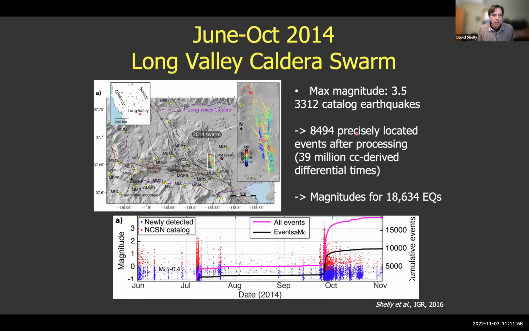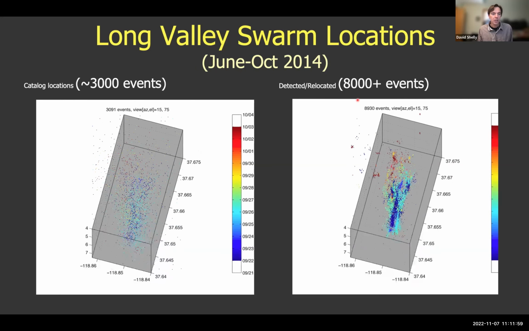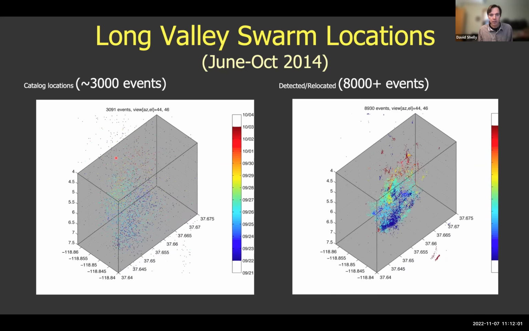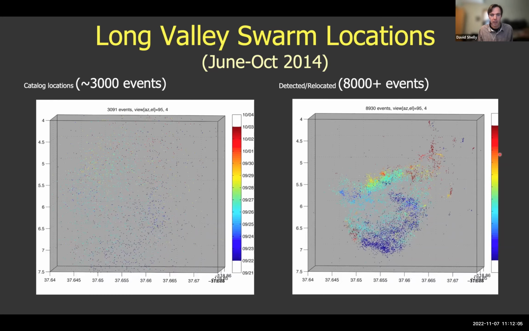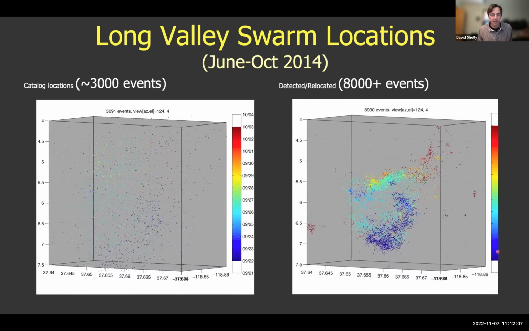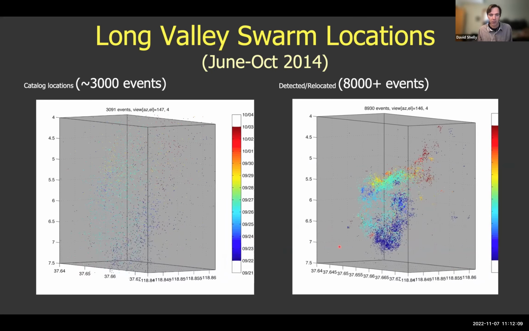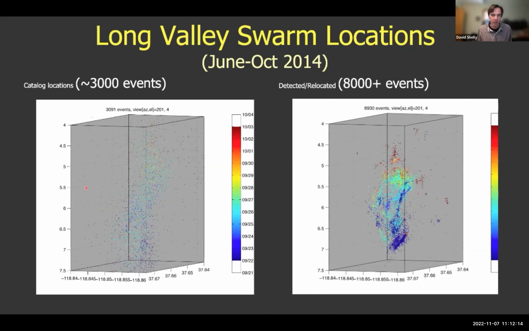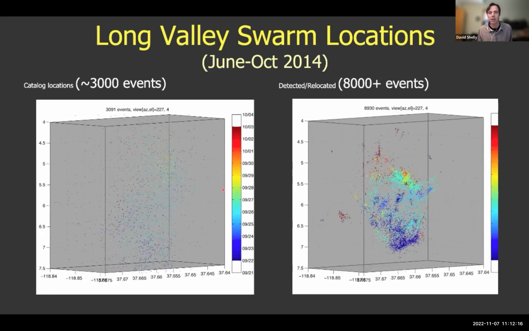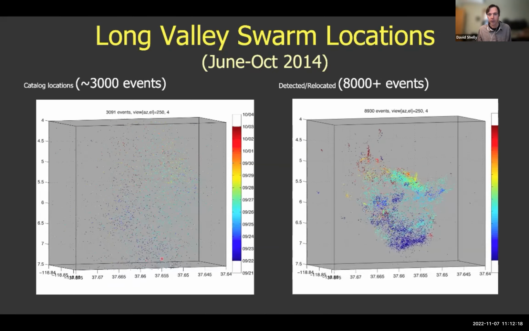So this is showing an animation of the routine cataloged earthquakes on the left and the detected and relocated catalog on the right. This is just to try to convince you that we're not totally wasting our time in working on getting a better catalog for this sequence.